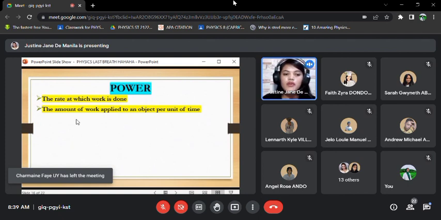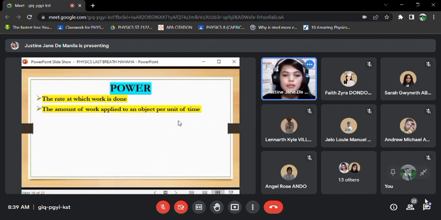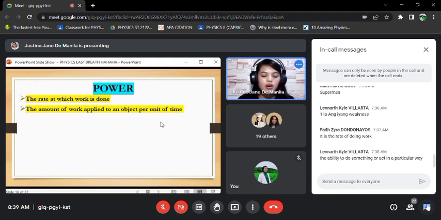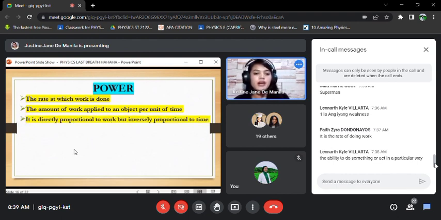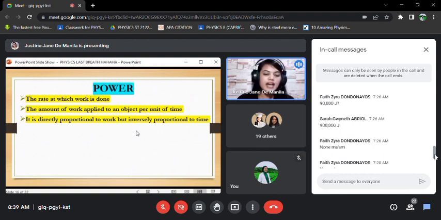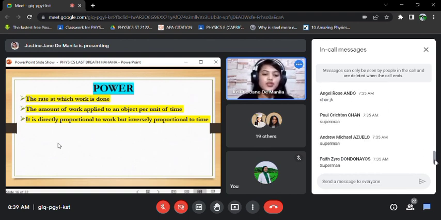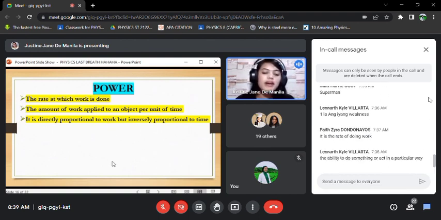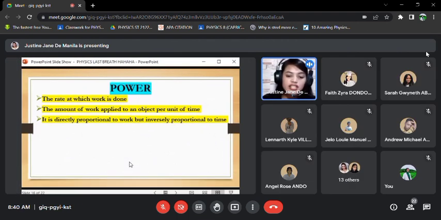It is the amount of work applied to an object per unit of time, or how fast we do work. Power is directly proportional to work, but inversely proportional to time. So between two people getting the same amount of work done, the one who is faster exerts more power.